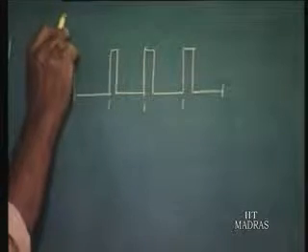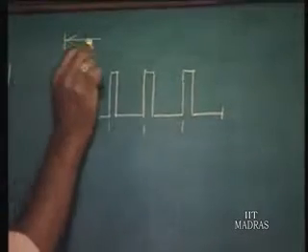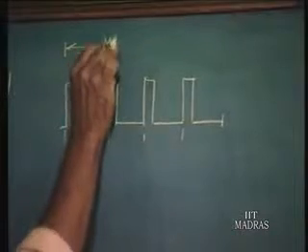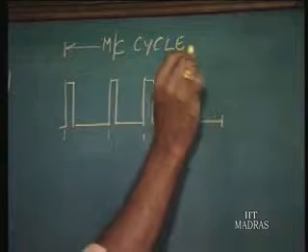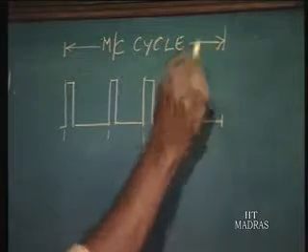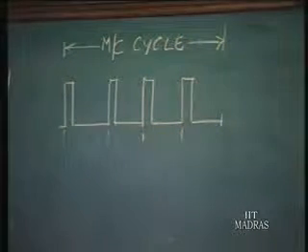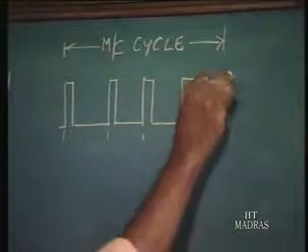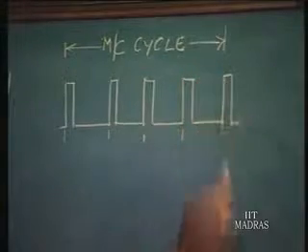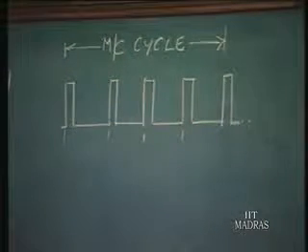That's what we were seeing yesterday. We'll work it out again. That whole thing is the machine cycle, and we took the example of instruction fetch. It can be any other thing also, and the next machine cycle continues after that.